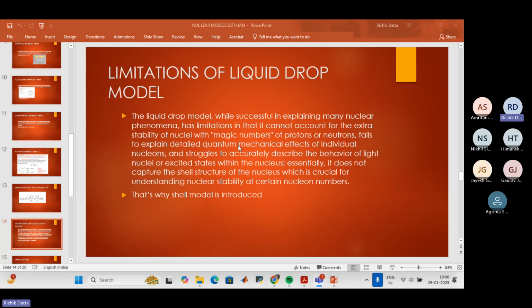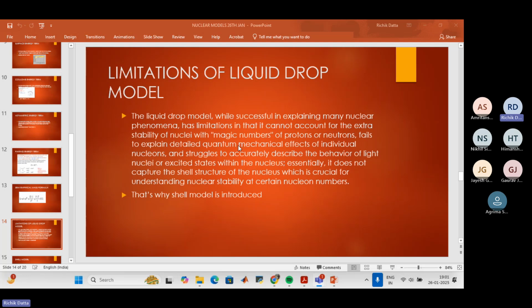It fails to explain the detailed quantum mechanical effects of the individual nucleus, which I have discussed earlier, and struggles to accurately describe the behavior of light nuclei and excited nuclei. There are many light nuclei and excited nuclei, but from this binding energy concept we cannot tell which nucleus is heavier and which is lighter. It does not capture the shell structure of the nucleus.